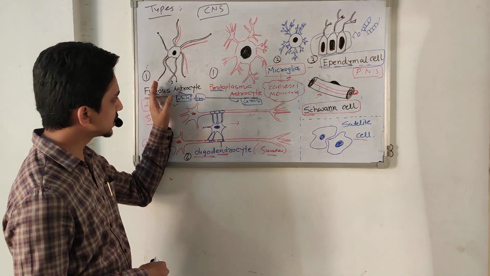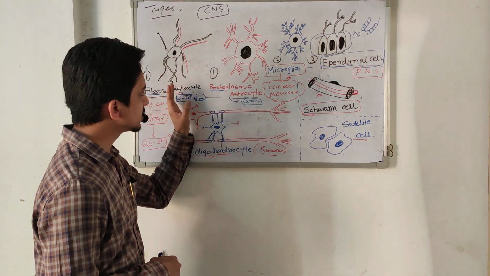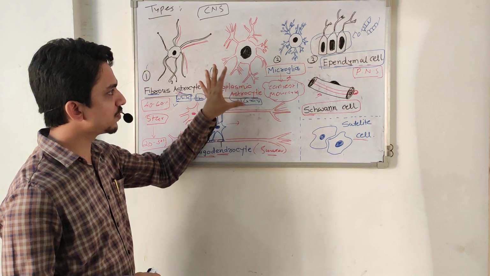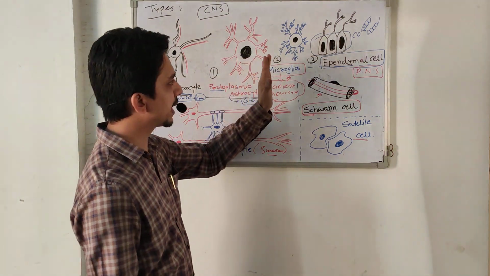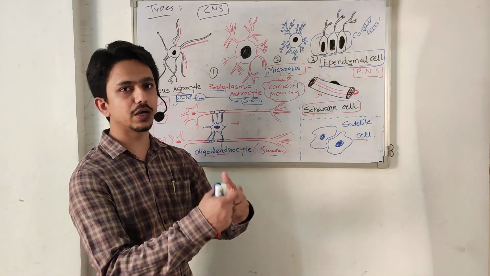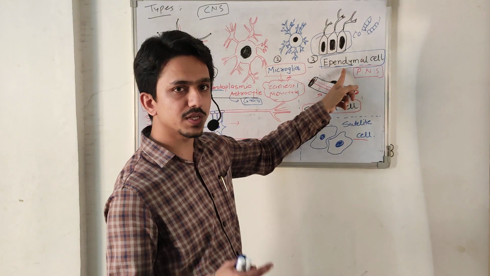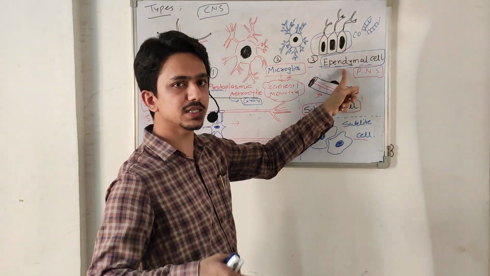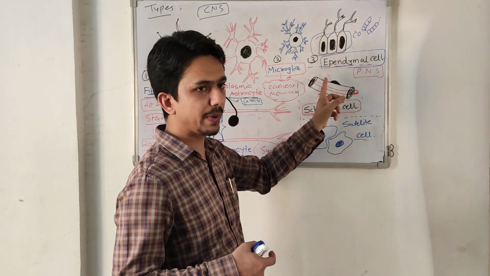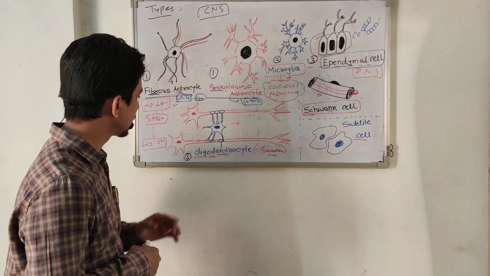We talked about the fibrous astrocyte and protoplasmic astrocytes. We have not yet discussed the functions of astrocytes, but we discussed the functions of the other cells. Microglia are responsible for immunity, meaning phagocytic activity. Ependymal cells are responsible for the formation and direction of CSF, as well as maintaining the environment or content of CSF.